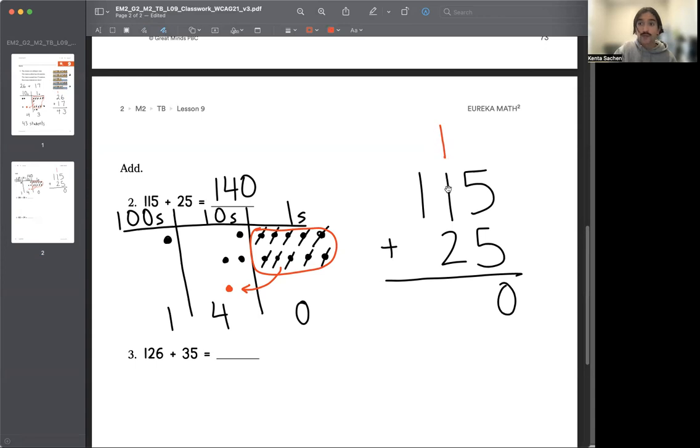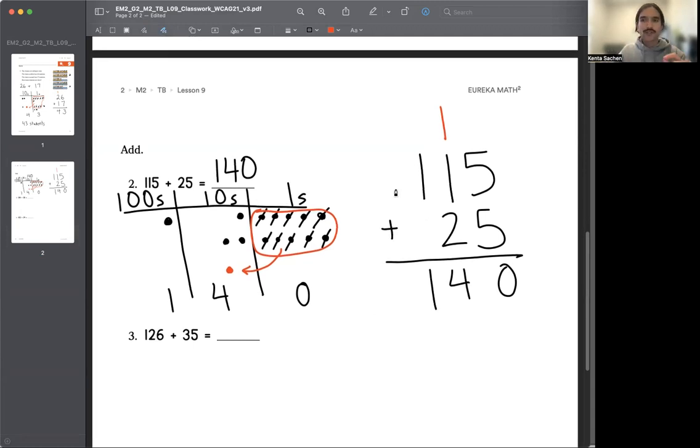Now we add 1 plus 1 is 2. 2 plus 2 is 4. Good. And 1 plus 0 is equal to 1. See, we got 140. We got the same exact thing.